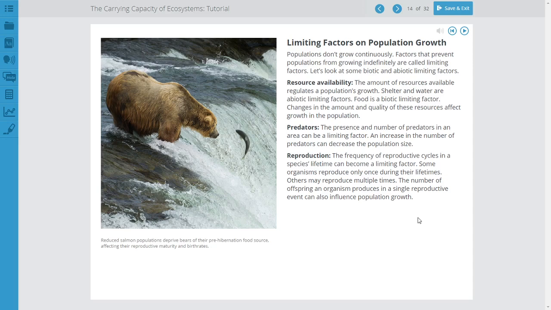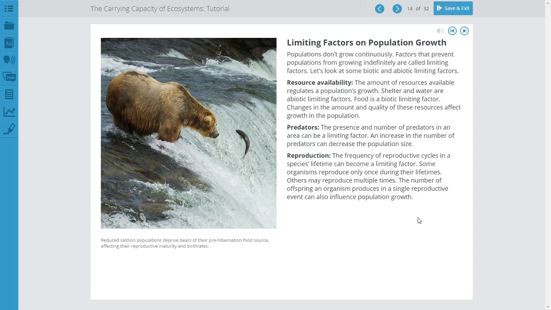Another one is predators, and predators are interesting because they can be a limiting factor in any given area, but then they can also leave. Predators tend to move around, and so with enough predators you keep the prey population in check, and it's really interesting that there's always kind of an up and down cycle.